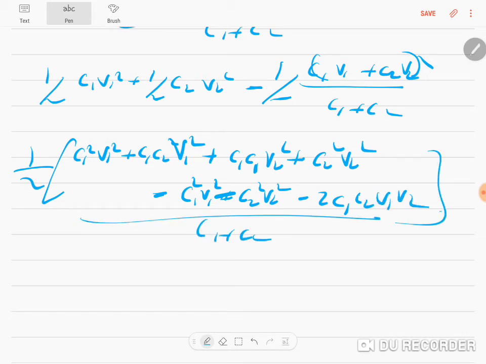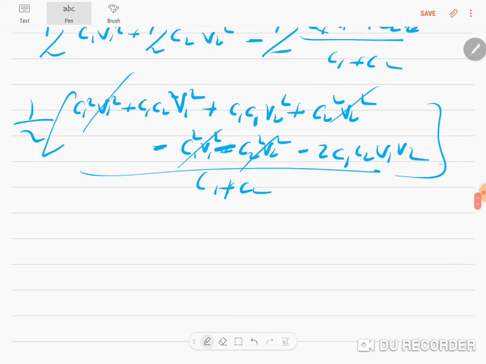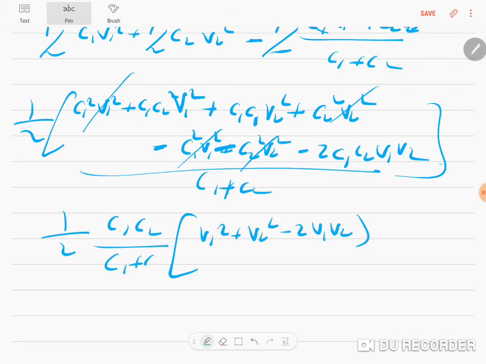On expanding and taking the negative signs inside, what's common is C1 C2 throughout. So what you are left with is V1 square plus V2 square minus 2 V1 V2, by C1 plus C2.